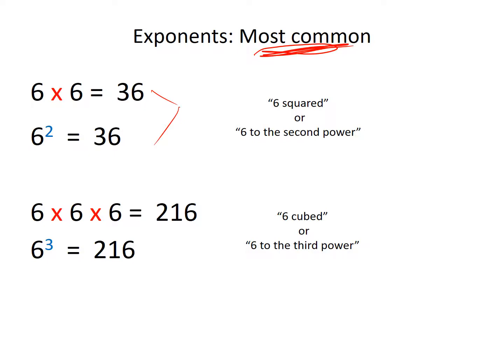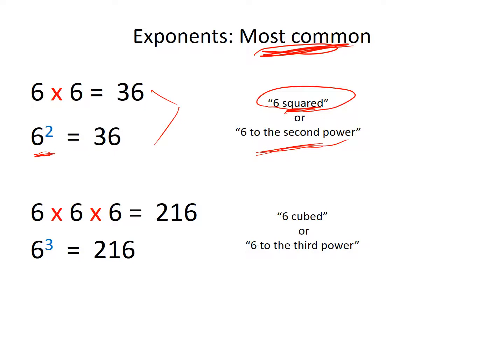So we would say 6 times 6 is 36, or we could use an exponent here to write that as just 6 to the second power. Since this is one of the most common, this particular exponent has its own name, and it's squared. So not only can I say 6 to the second power, I could say 6 squared. That's what that little 2 is telling me.